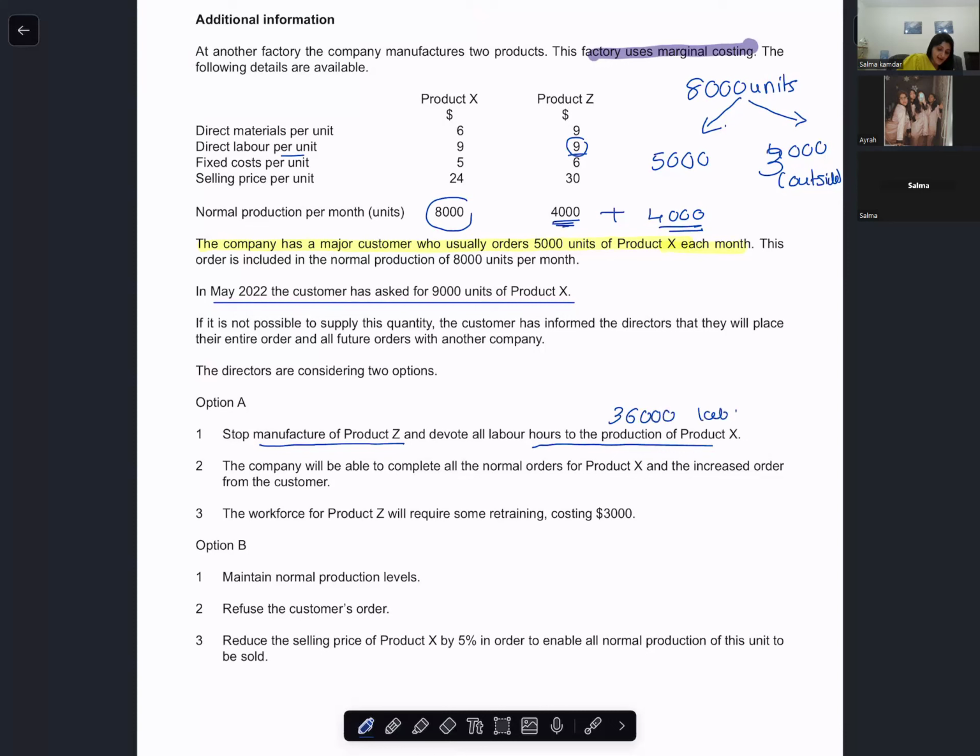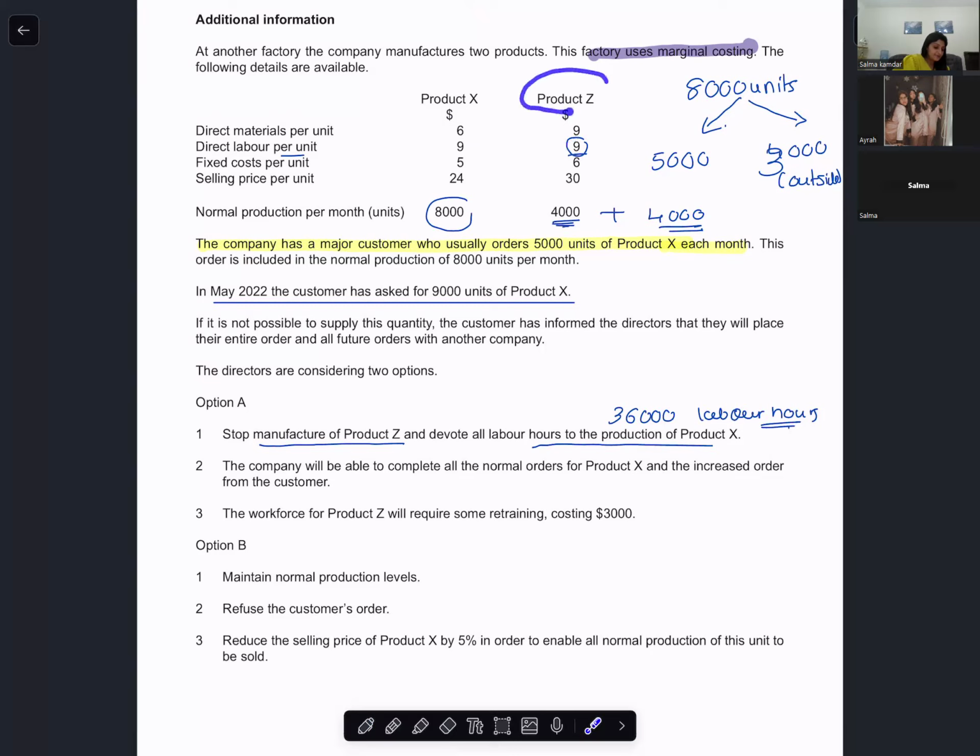I will use these labor hours to make product X. If I have 36,000 labor hours, how many extra units of product X can I make?